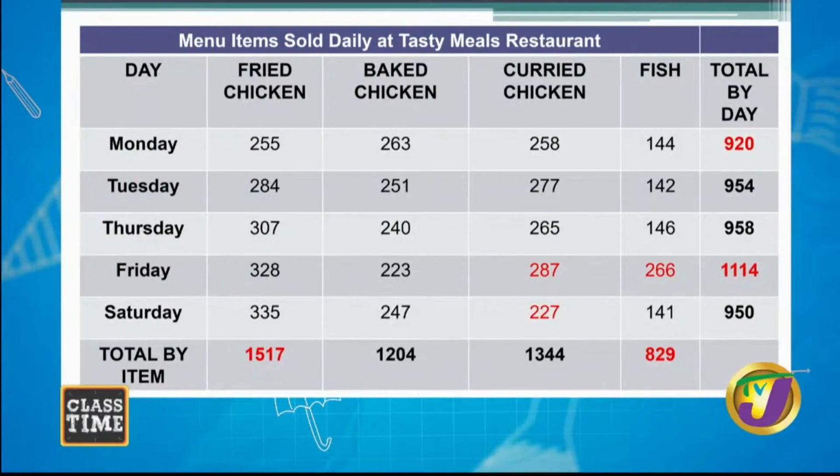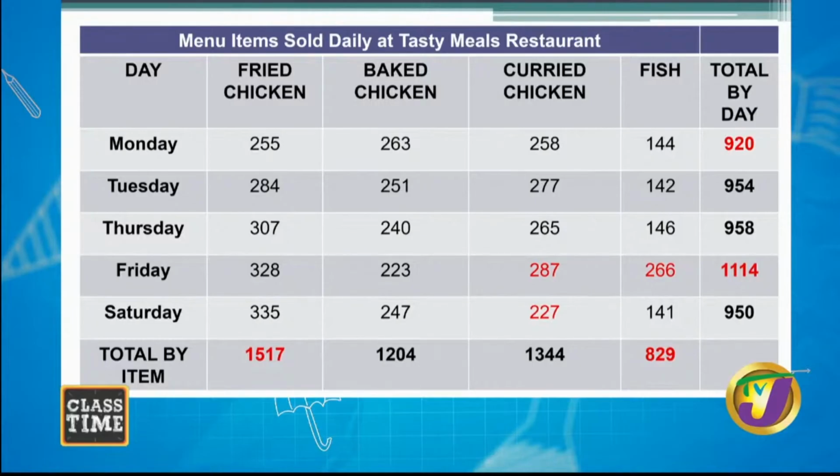So let's look back at the table now. So some have been highlighted. So let's start from left to right. So fried chicken, we notice the total overall for the week, 1,517. And this is significant because it is the highest overall total of an item.